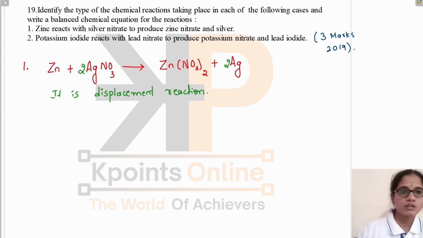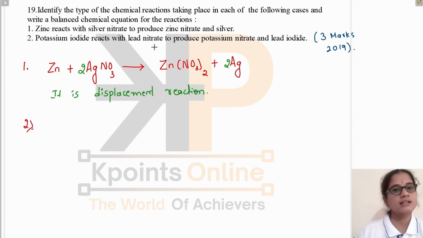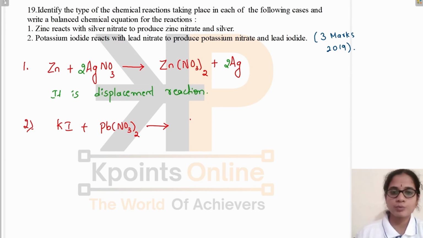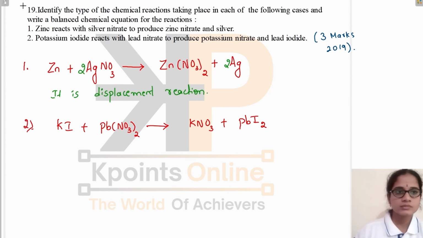Okay. Now, let us write the second equation. Potassium iodide reacts with lead nitrate to form potassium nitrate and lead iodide. Here also we need to balance the equation.